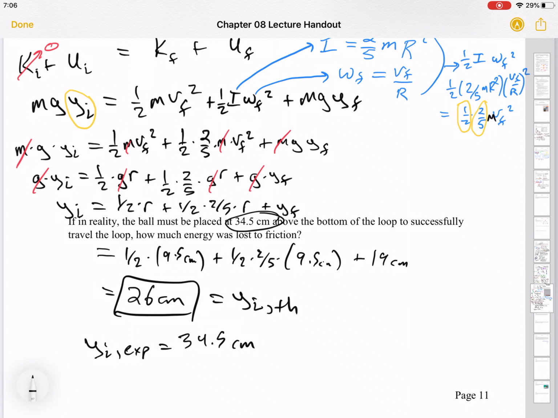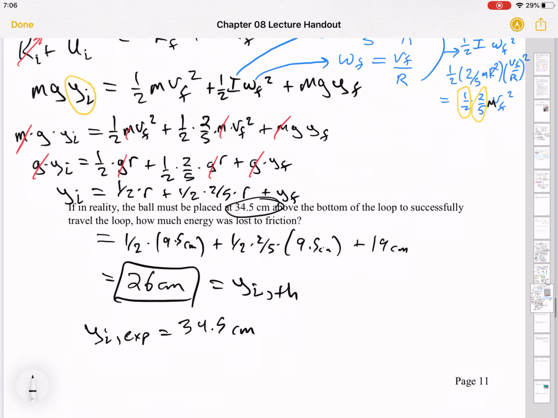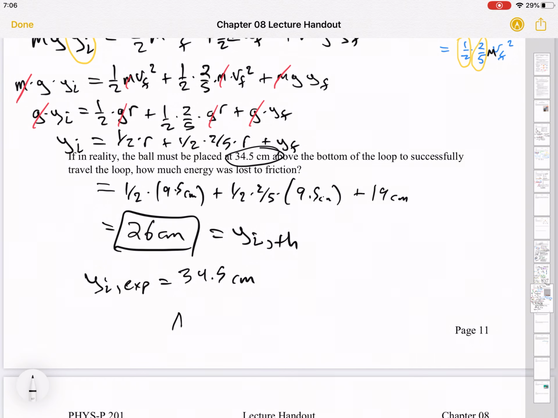So we could ask, okay, how much energy then are we losing to friction? Well, the answer is that the increase in potential energy should really just be mg times the extra height we had to add. It turns out if you do that, it's something like 25 millijoules.